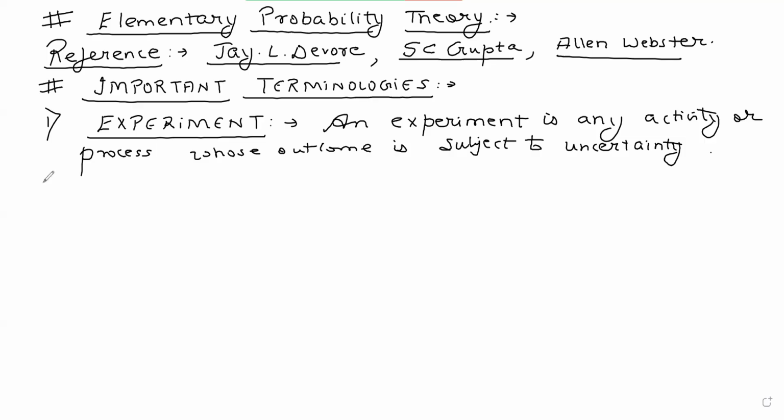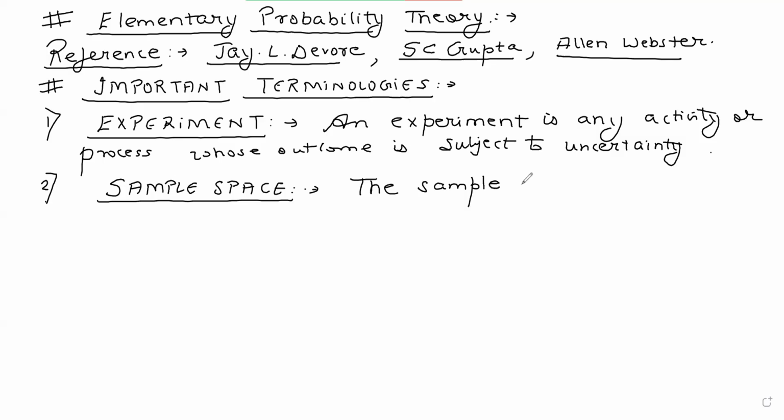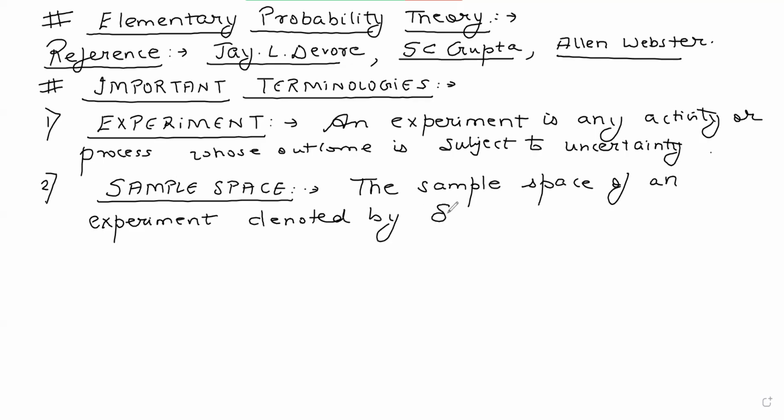Now let's understand what is meant by a sample space. So here comes the next terminology, sample space. So I can write, the sample space of an experiment, denoted by delta. This is the symbol I use for denoting the sample space.